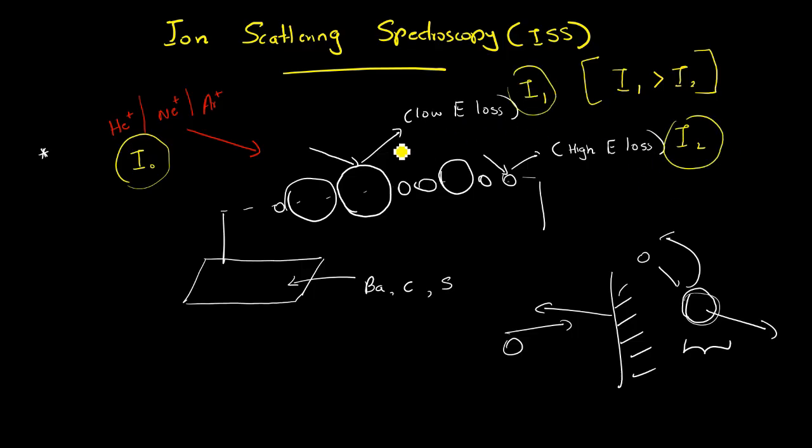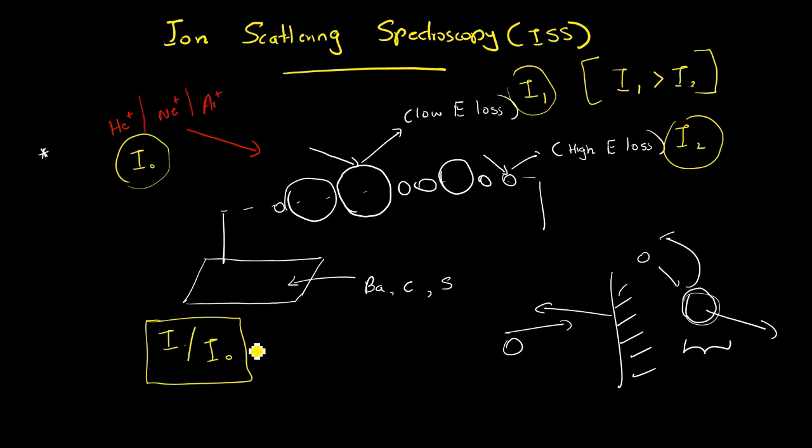Whatever the intensity which has been scattered out from the sample, and then our instrument will form a ratio, I over I0. This can be I1, I2, maybe like I over I0. This is the ratio which our instrument will calculate. Based on this, it will give us a result.